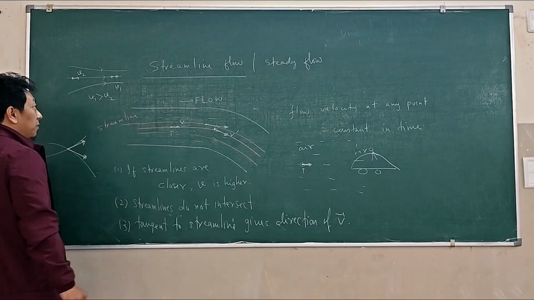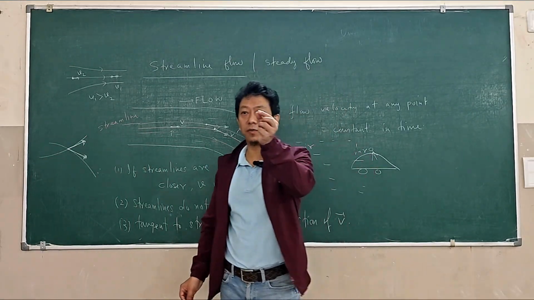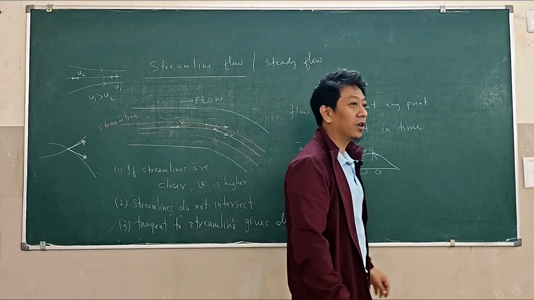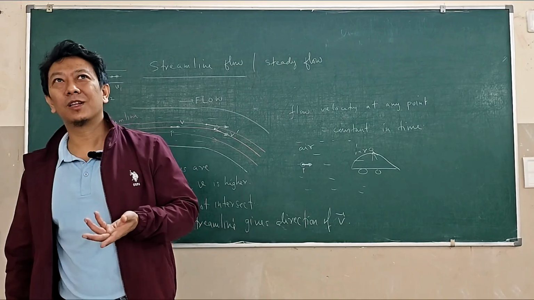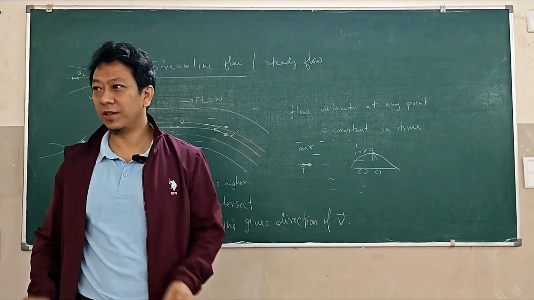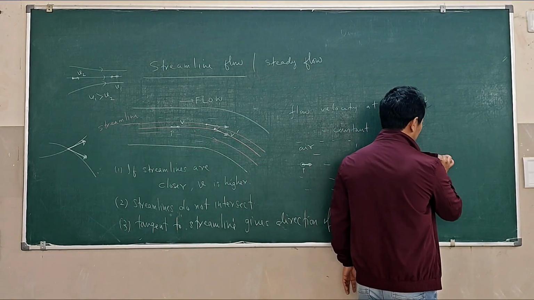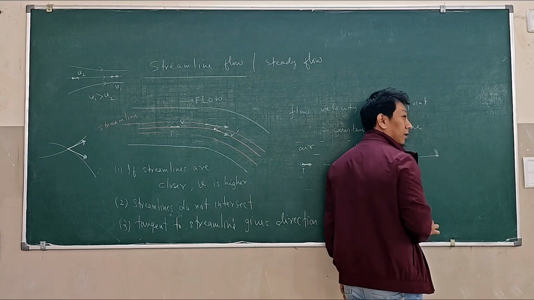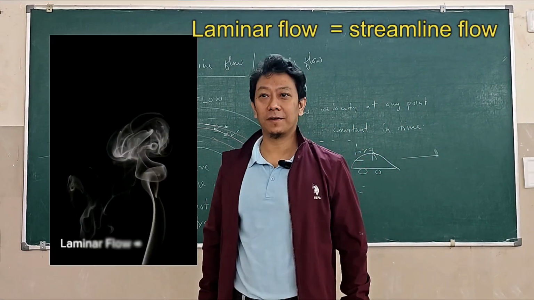Example of streamline flow, if you want to see, is as I told, you have to make the flow very slow. One example is agarbatti, you know agarbatti. Light your agarbatti. Light matlab what? Just make it catch fire with matchstick. So this is your agarbatti. Now see the smoke coming. Initial part of flow will be streamlined.